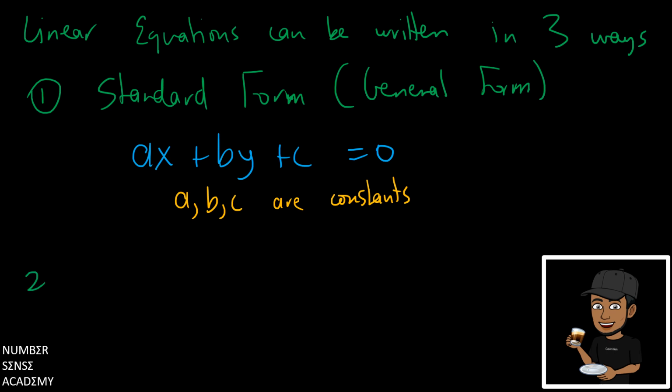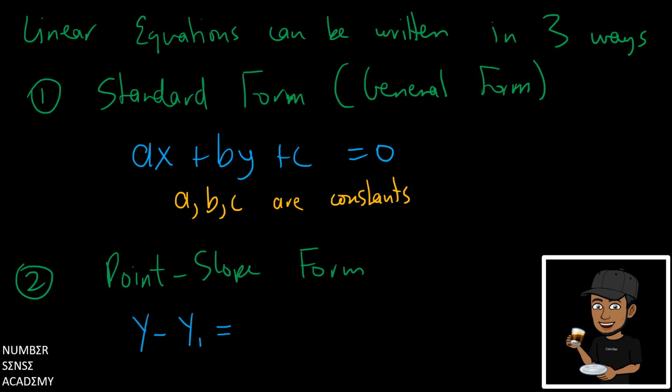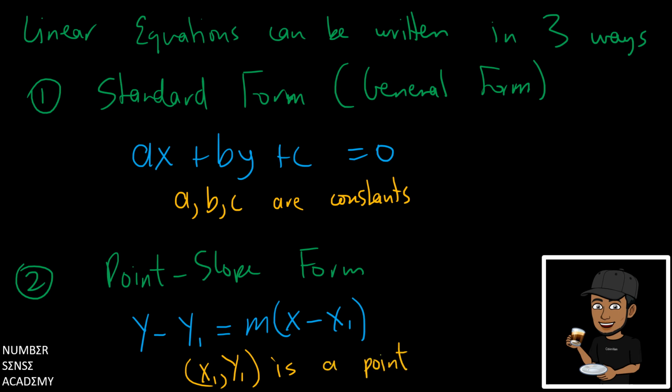The second way of writing it is what we call point slope form. It looks like y minus y1 equals m times x minus x1. x1 and y1 are a point, so it's a coordinate.